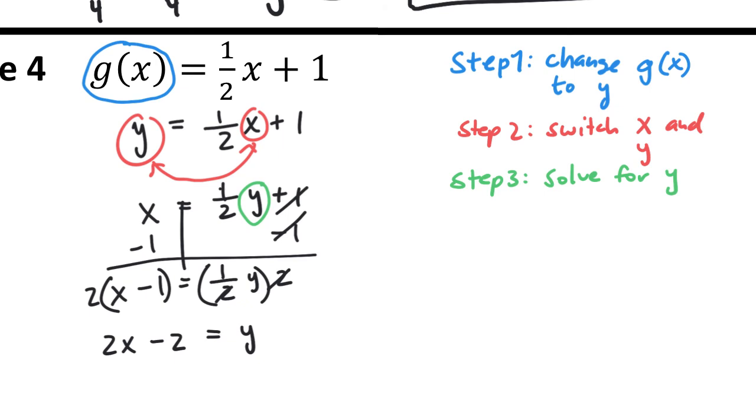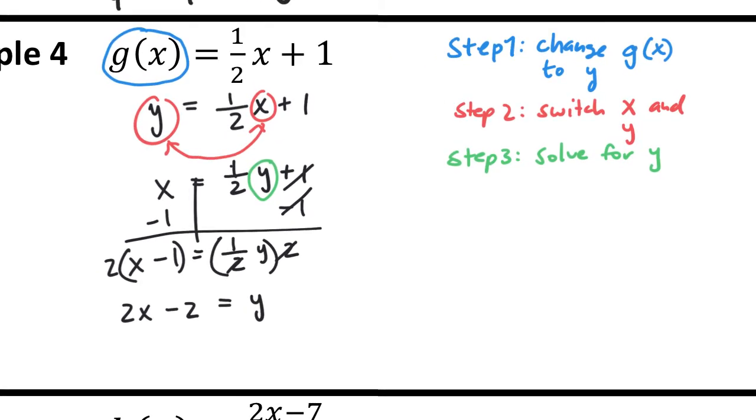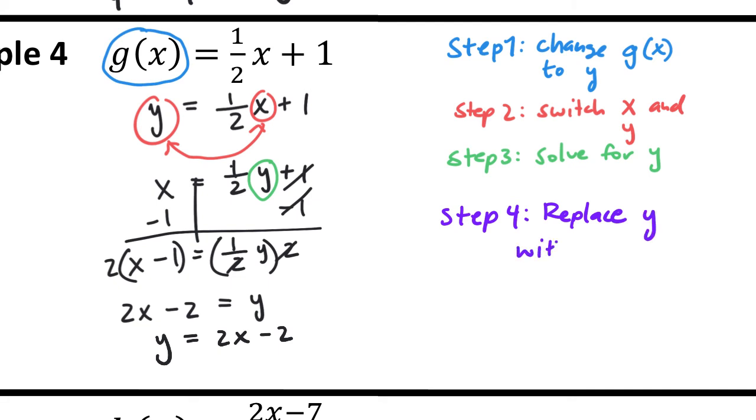And I'm actually going to write it, let me zoom out a little bit up here, but I'm going to write it with y first. So I'm going to write it like this. Okay, and then step 4, says replace y with f inverse, but I'm going to put g inverse of x.